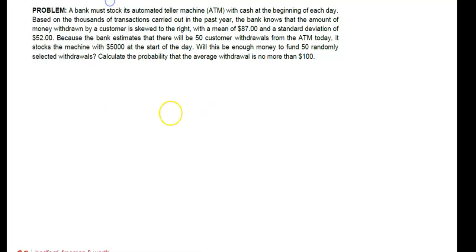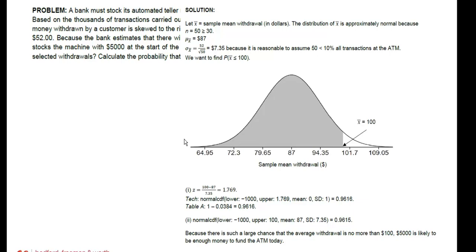7.35 is our standard deviation. 87, of course, is the mean. Do norm CDF from negative infinity to 100, if we want less than 100, right?